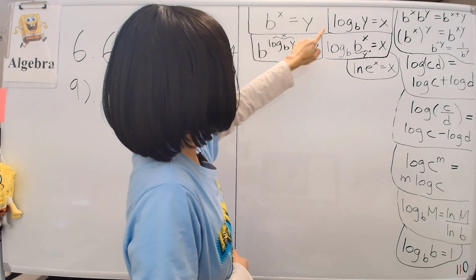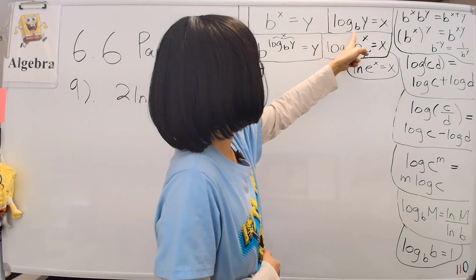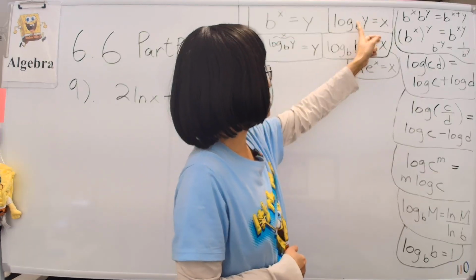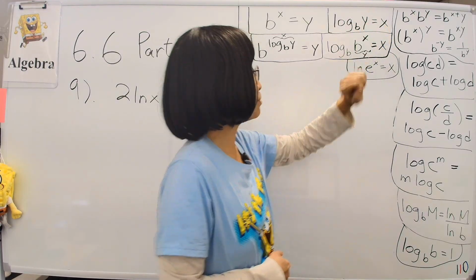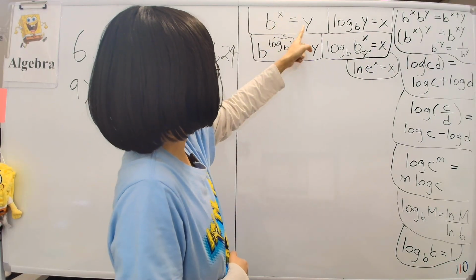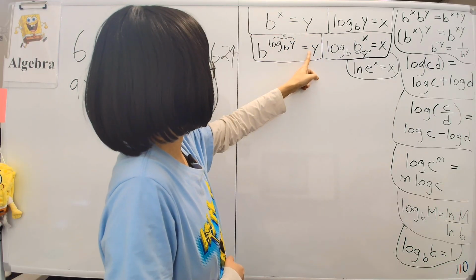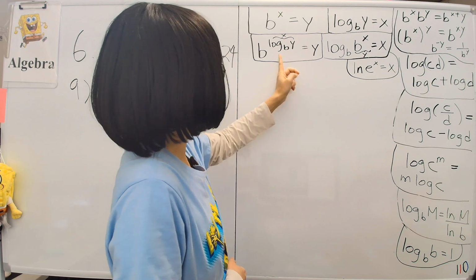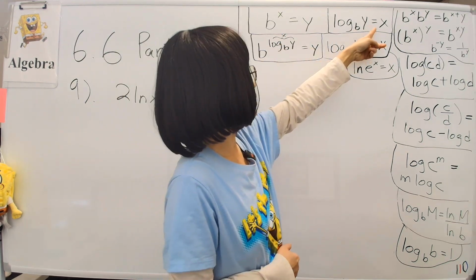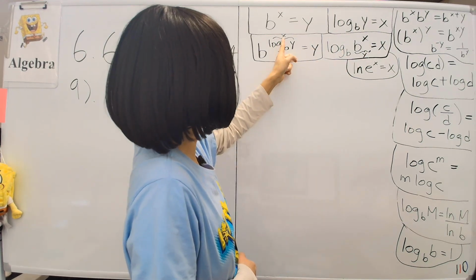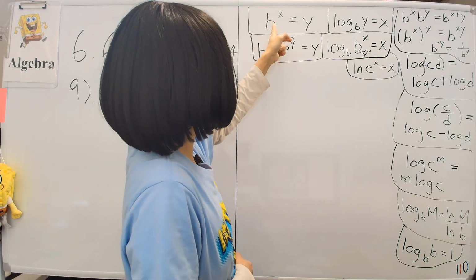Specifically, remember that the definition of logarithm, log_b y equal to x, means b to the power x has to be y like this. So as a result of that, b to the log_b y equals what? Well, as we have said here, x is log_b y. So this is x, and b to the x is y.